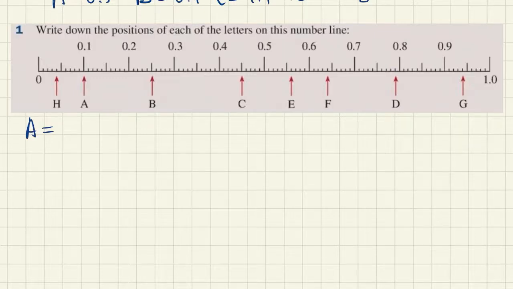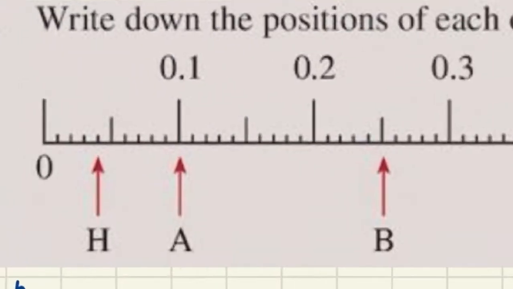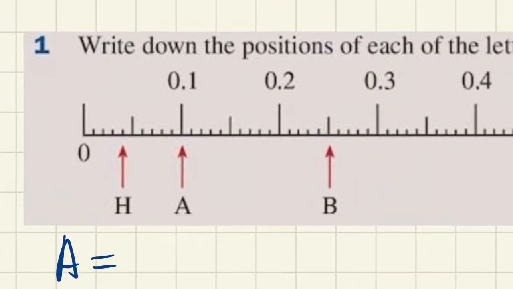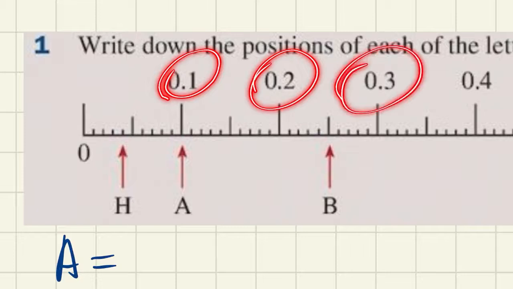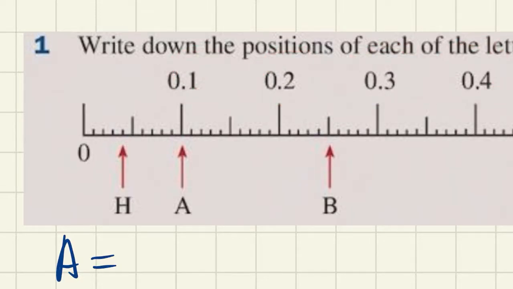So here we have, this is not tens, this is hundreds. So we have 0.1, 0.2, 0.3, 0.4. And so what happens is we have to divide a 0.1 into 10 parts.